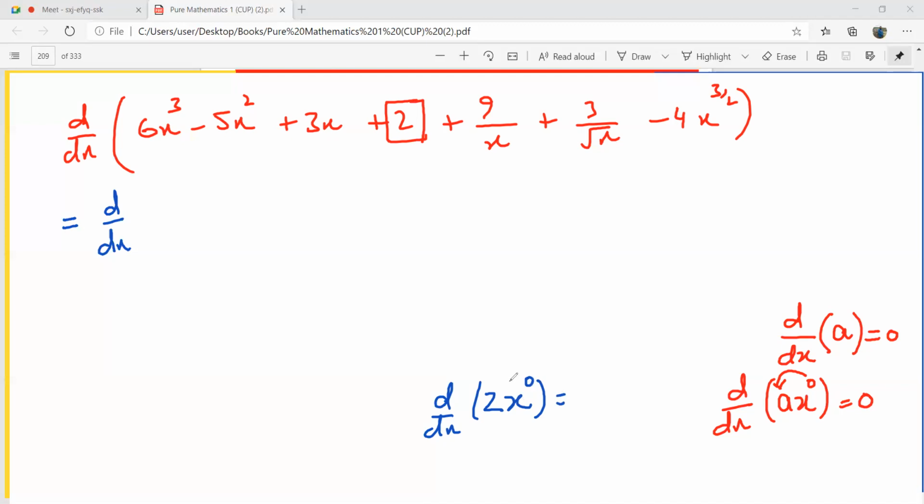When you apply the technique that the derivative of x raised to power n is n x raised to power n minus 1, this n has to be multiplied by the coefficient of x. Similarly, this 0 will be multiplied by this 2. So everything will be 0. So the derivative of a constant is always 0.